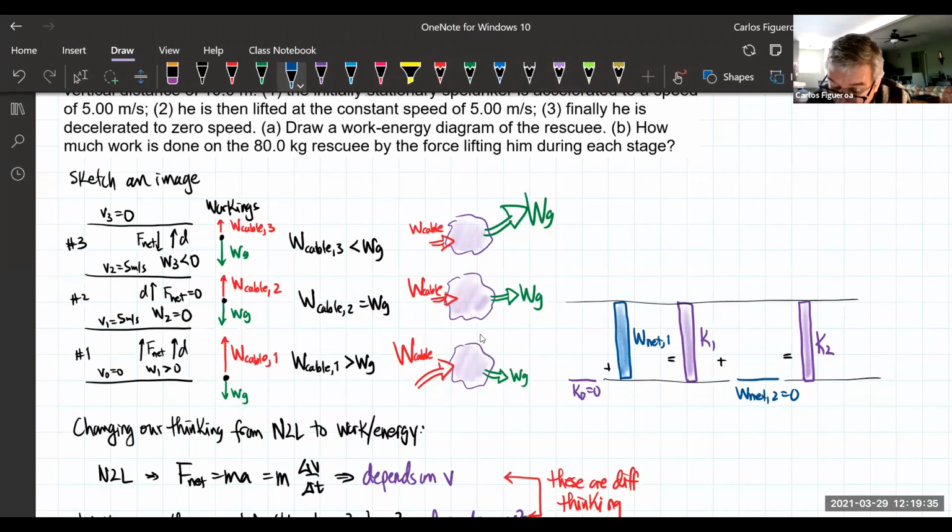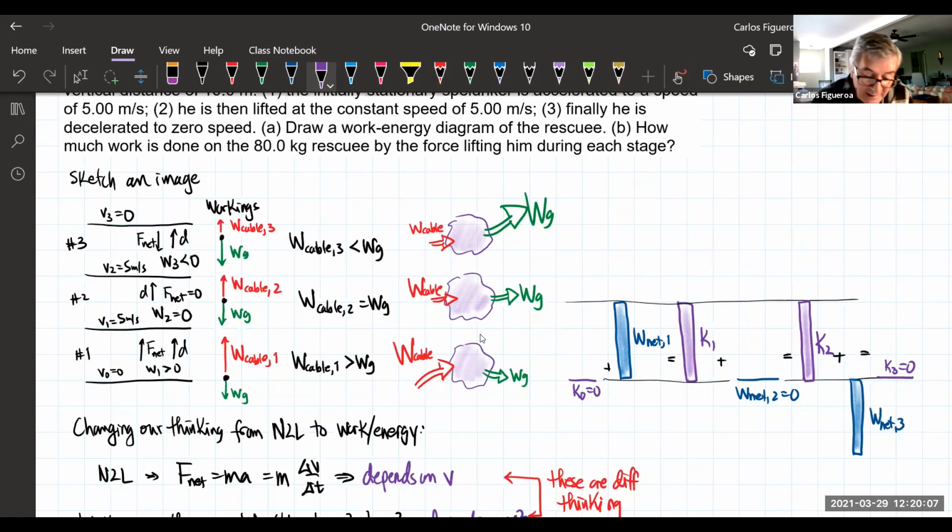How much negative work do I got to do? Well, if this is 3 blocks, then I must do 3 blocks of negative work here. So I'm taking all of the kinetic energy out of that system, so that in the end, the kinetic energy at the end is K3 equal to 0.